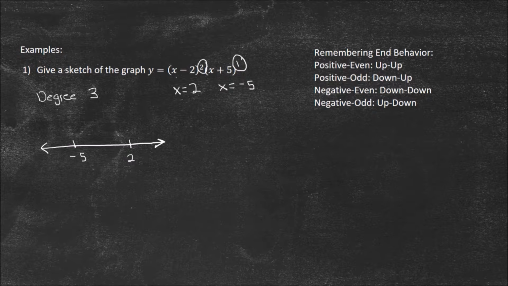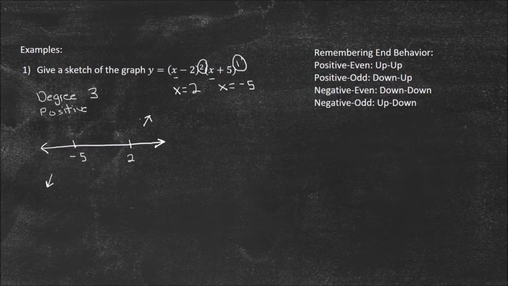Alright, and then again, we need to think, is it positive or negative? Well, I have positive x here, positive x here, so when I multiply them all out, I will end up with still a positive. So positive degree 3 again, and like I have written to the right hand side, we can see that this is a positive odd, so it starts down and ends up going up.